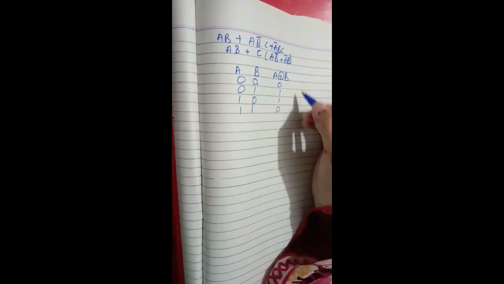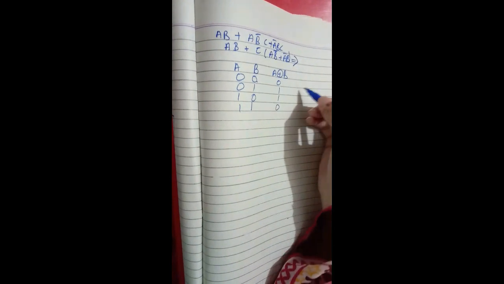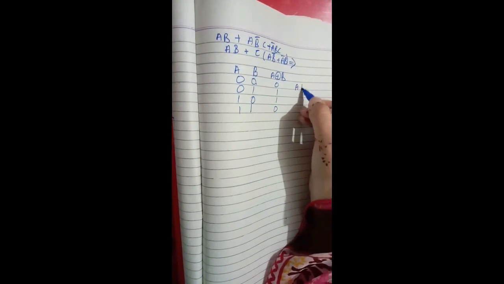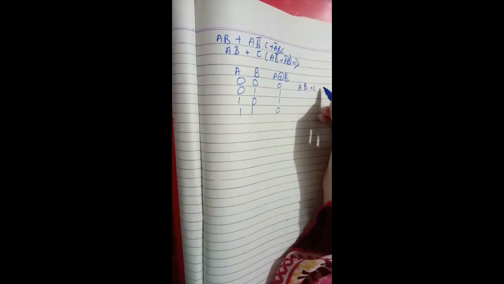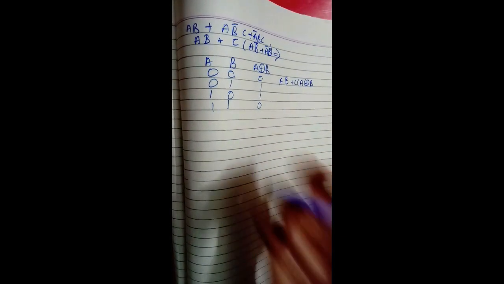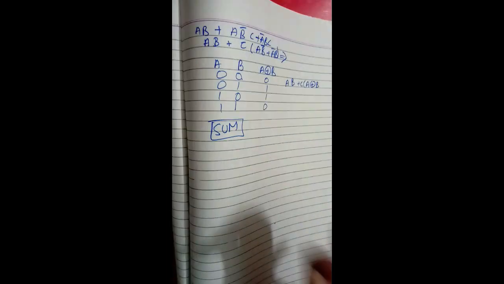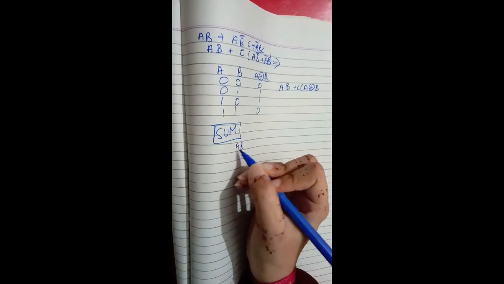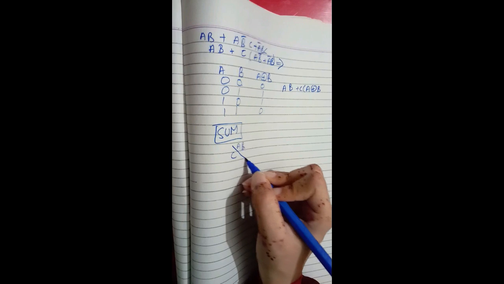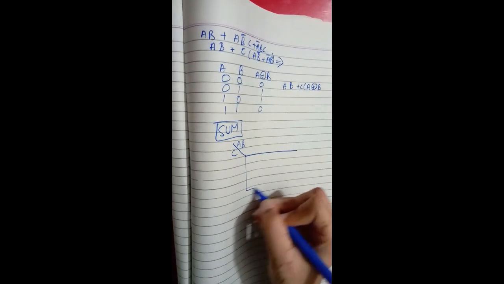So we can write it now. We will write it as A, B plus C into A XOR B. It will be easy for us to draw the circuit diagram. Now for the sum, you will fill the blocks by the table we drew before.